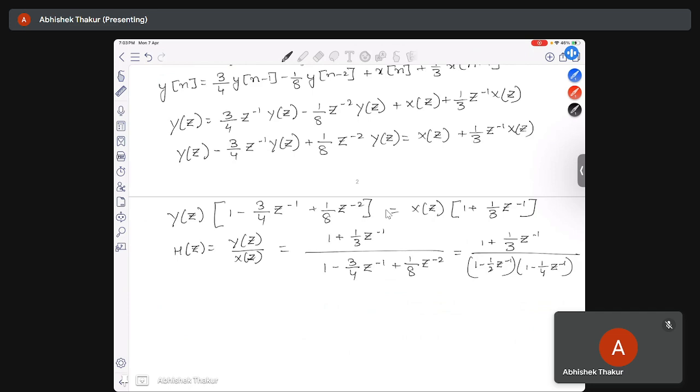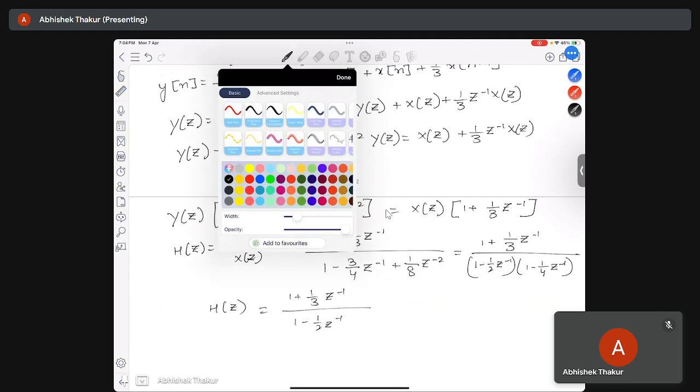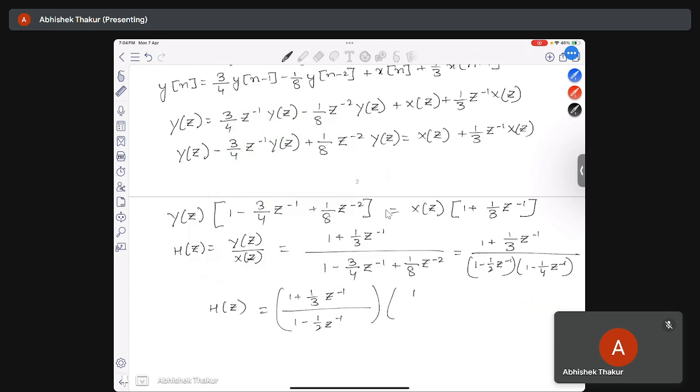So we can write H(z) as a product, where this is our H1(z) and this is our H2(z).